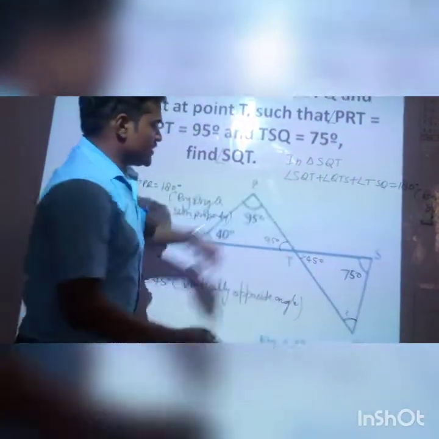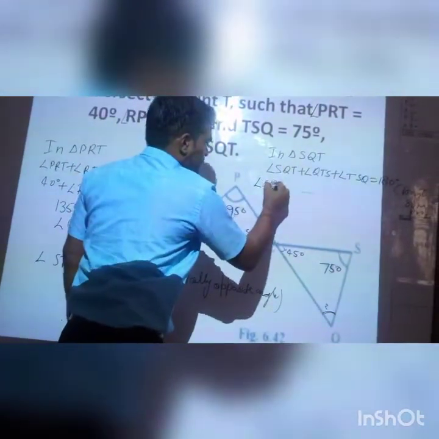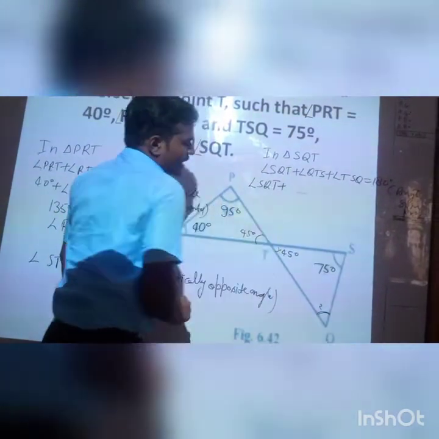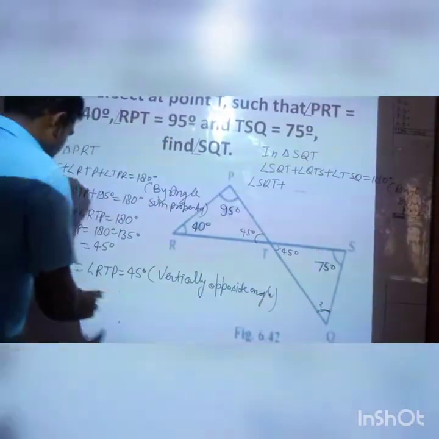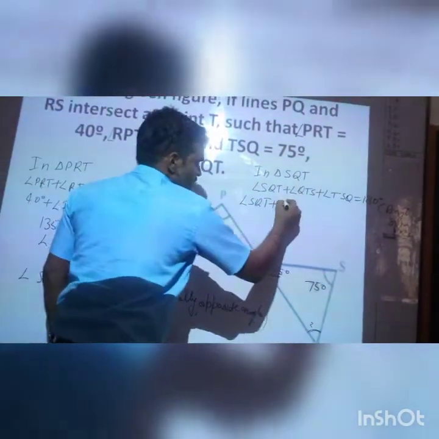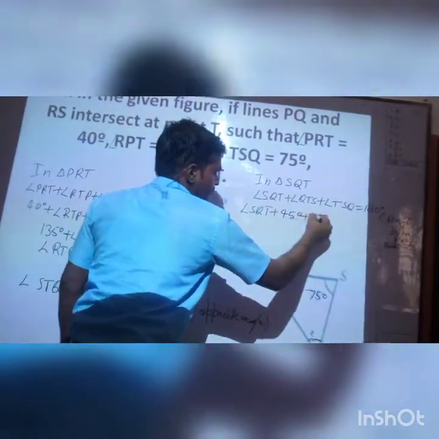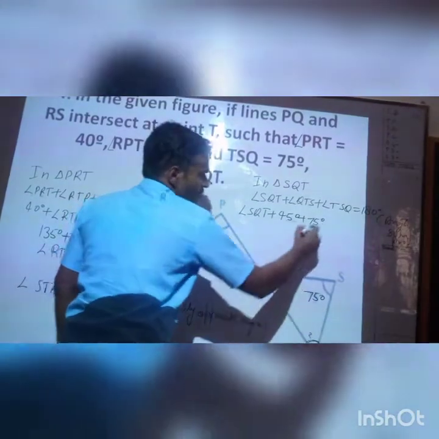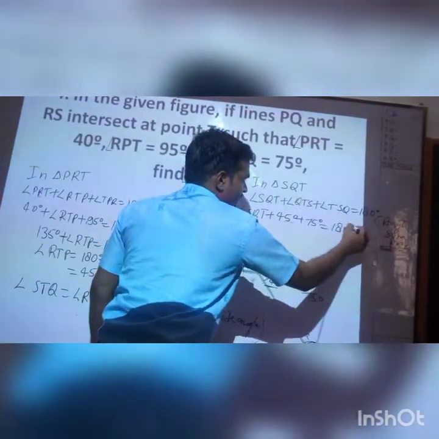Angle SQT we have to find, plus angle QTS, that is 45 degrees, plus 75 degrees, which is already given, is equal to 180 degrees.